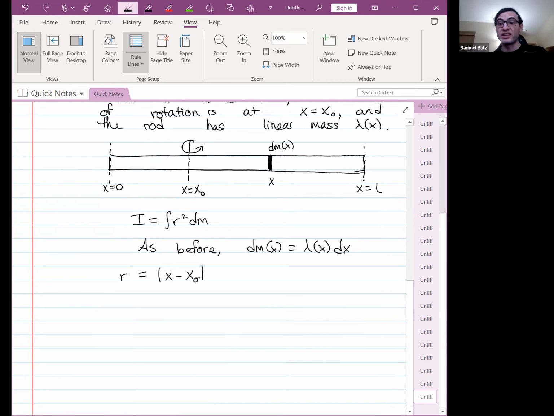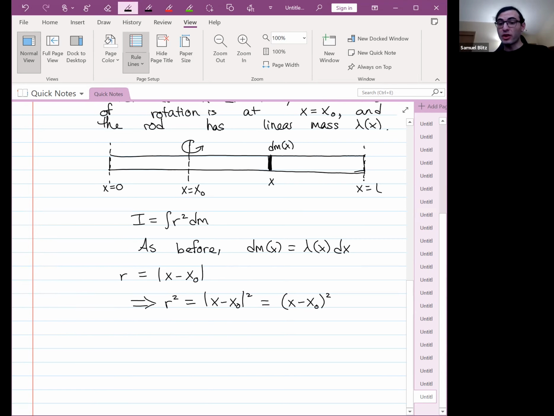Either way, it's fine. That is the distance. Conveniently, when we square this, squaring an absolute value is just like squaring the thing without the absolute value, because it's always positive regardless. So this would just be x minus x naught squared without the absolute values, and that's how it's typically written. But in principle, the distance really is an absolute value, because distances are always positive.